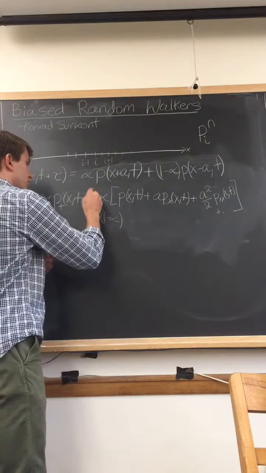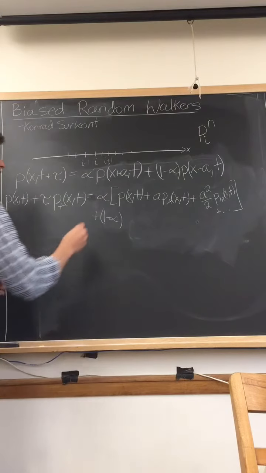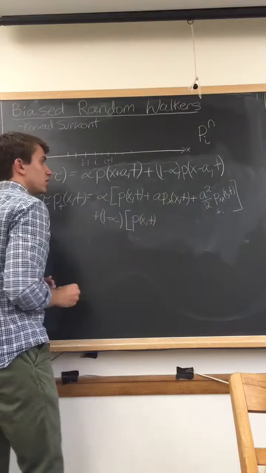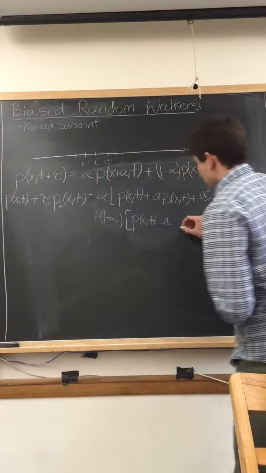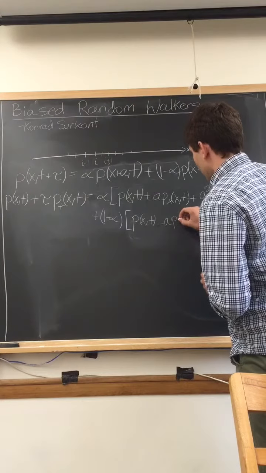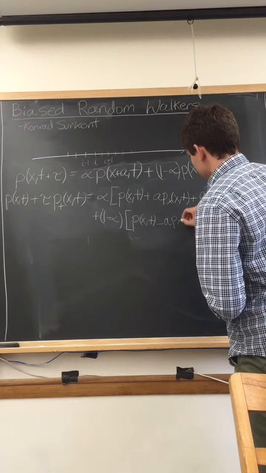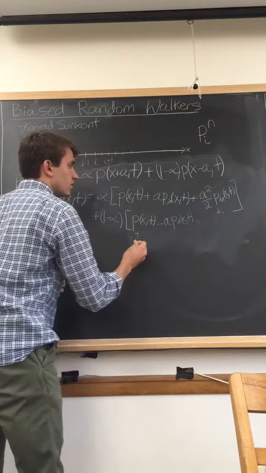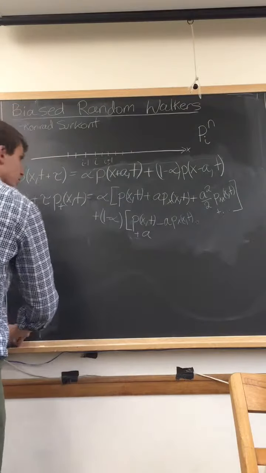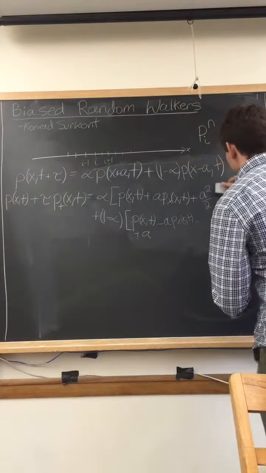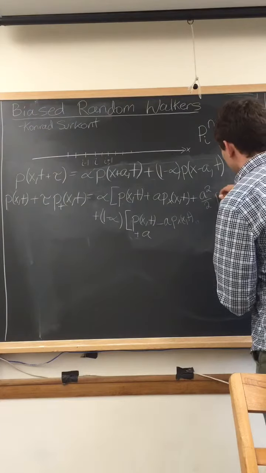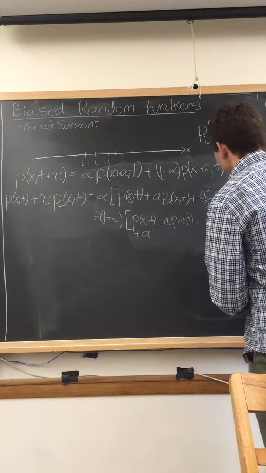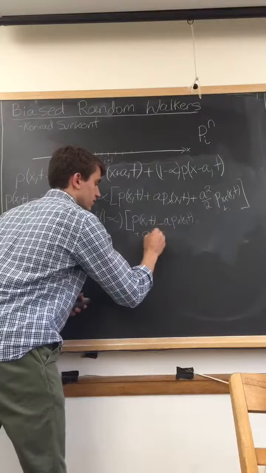We're going to do the same Taylor expansion: p of x and t, then minus a times the x derivative of p of x and t, and then plus a squared over 2 times the double x derivative of p of x and t, plus dot dot. So we have the same thing here.